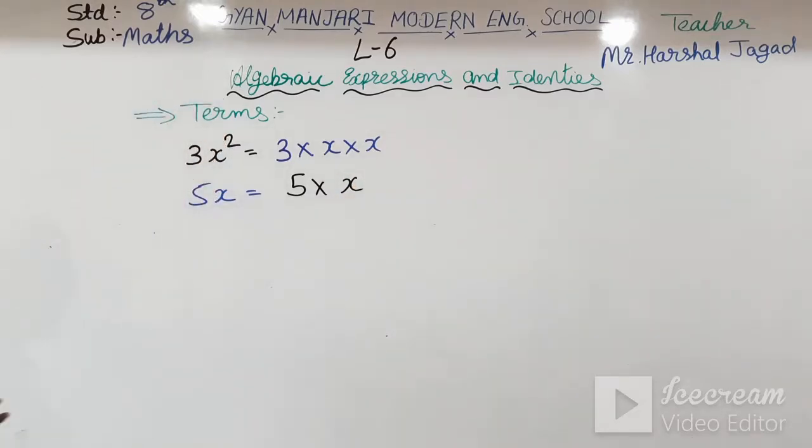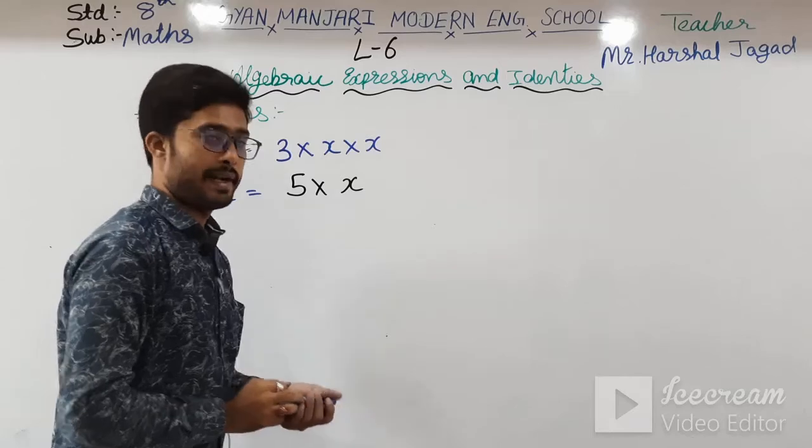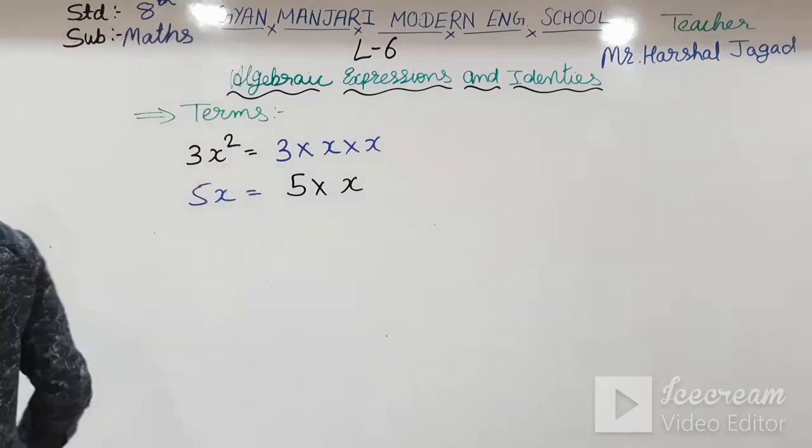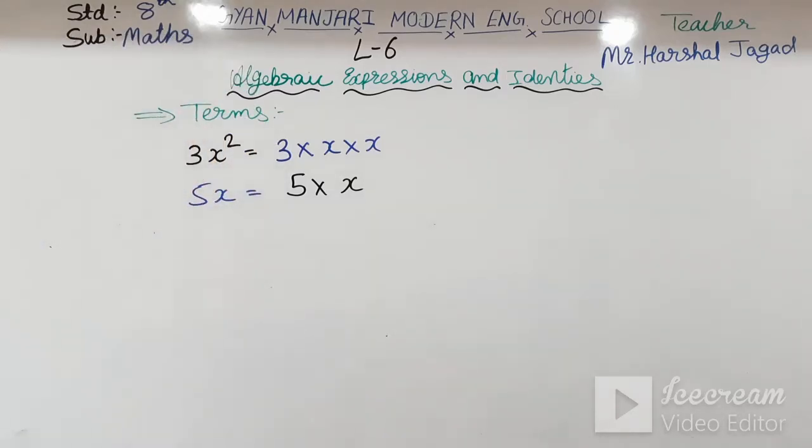So these are some of the terms, and here we read that in algebraic expressions the terms are connected with operations of addition or subtraction. See here, there is an example over here.